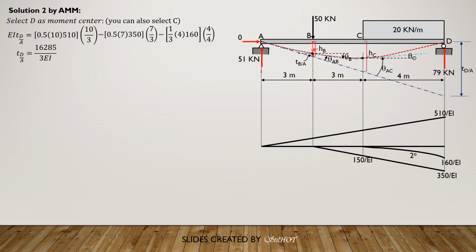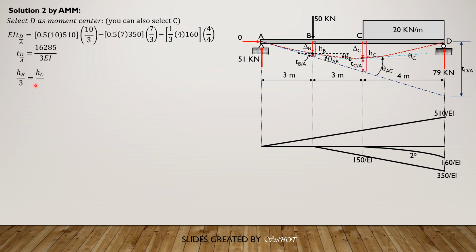So this is delta B, and this is delta C. This is the deviation of C relative to A. This is delta C, this vertical distance.